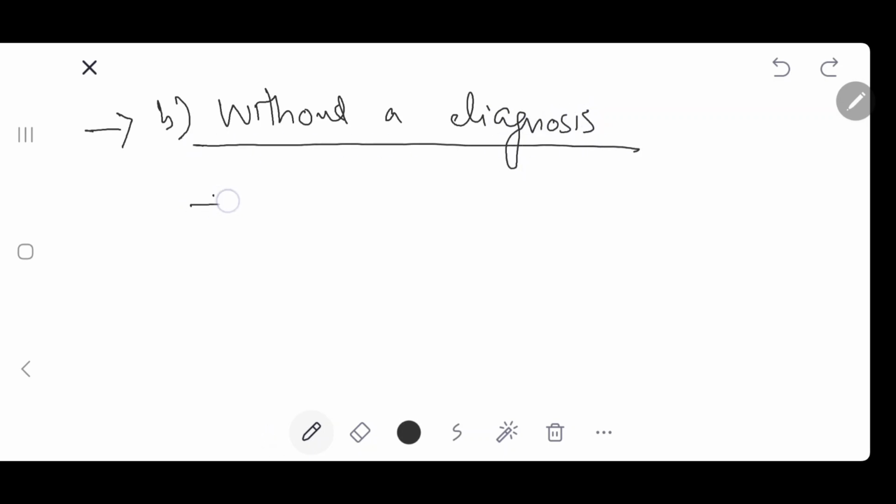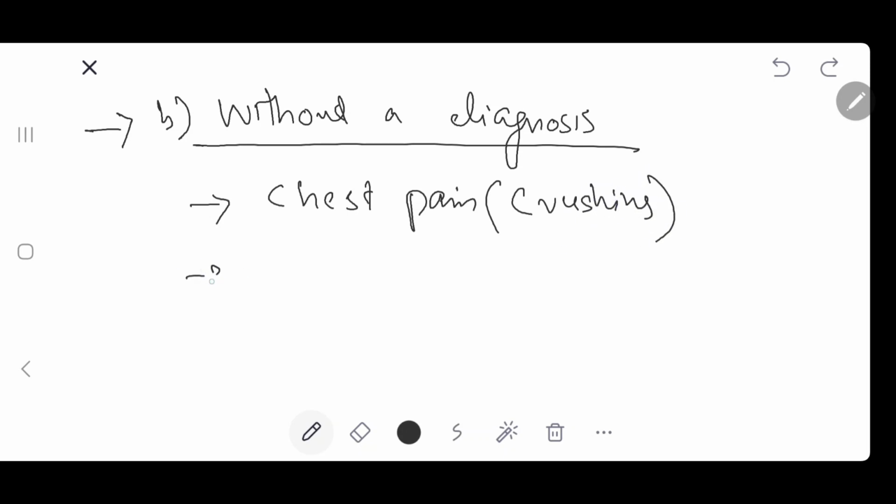We also have a case when we don't have a diagnosis given. So we can write it without a diagnosis. It means that if we have the symptoms given, let's say a chest pain, crushing in nature, these are symptoms, and even an investigation like ECG, ST elevation.